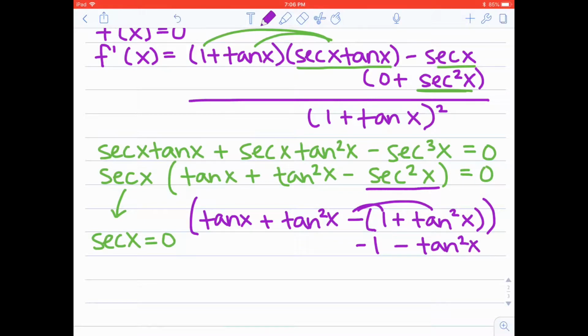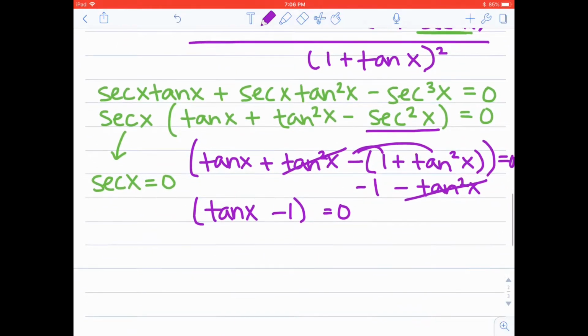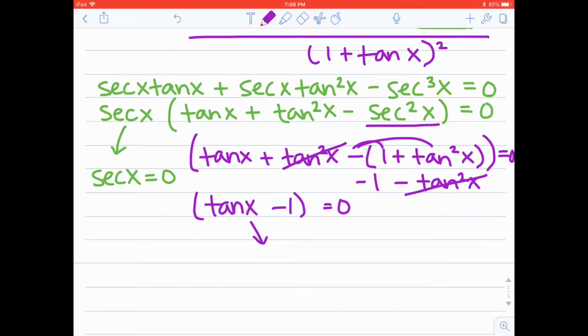And you can see that your tan squared here and your tan squared there actually cancel out. And this still equals 0. And so we're left with tan x minus 1 equals 0. So that simplified pretty nicely. And so that means the solution that we have from this is that tan x equals 1. So this is where we start to look at our unit circle.